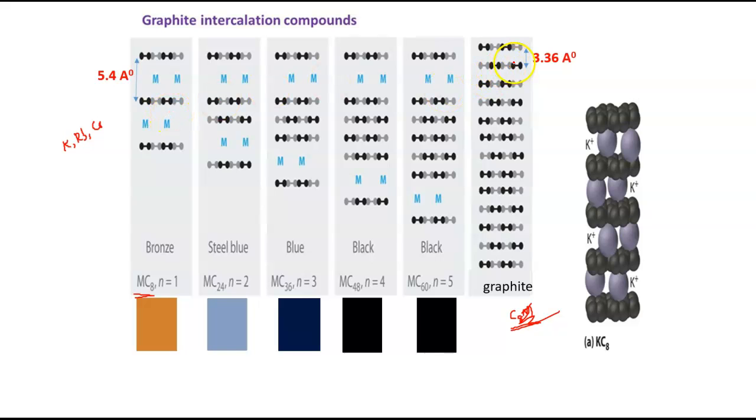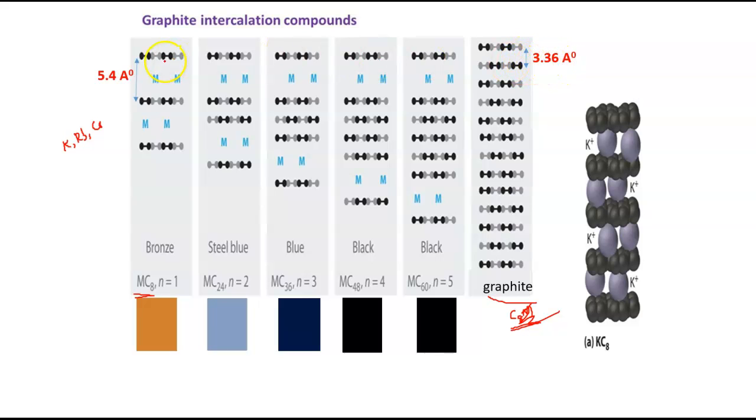So here, when you are considering pure graphite, you don't have anything incorporated within the layers. Nothing is intercalated between the layers, and the distance between each of the layers is 3.36 Angstrom.